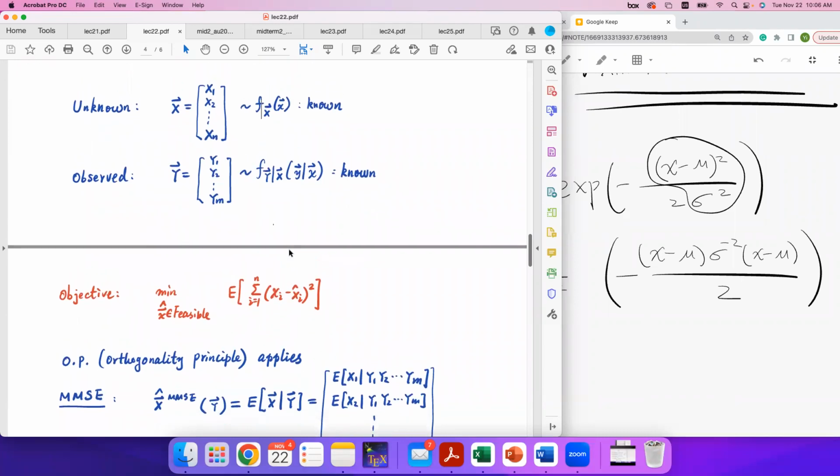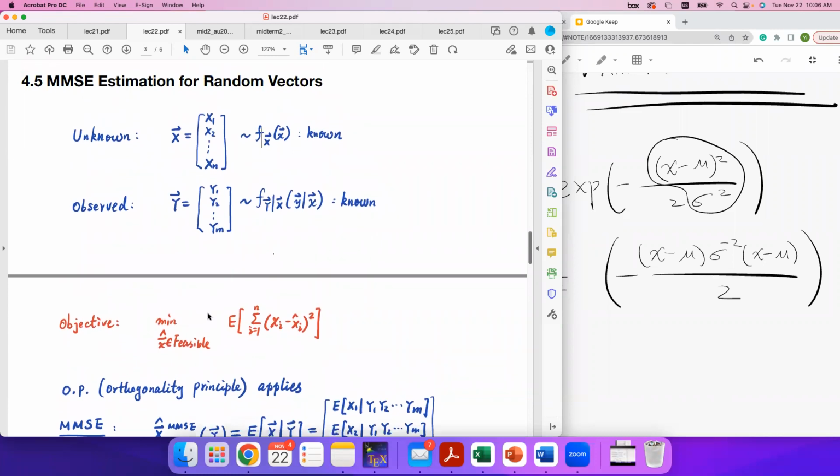And this is through this minimum mean square error estimation framework. But now, since these X are in high dimension, our mean square error is also generalized to the high dimension. It's basically looking at the error of each coordinate, each i-th coordinate.